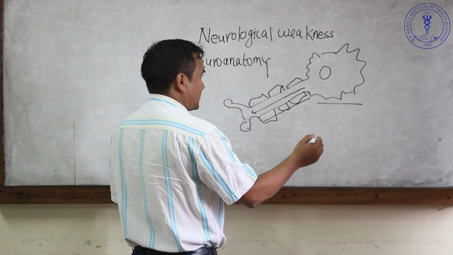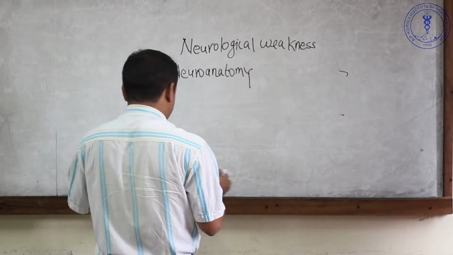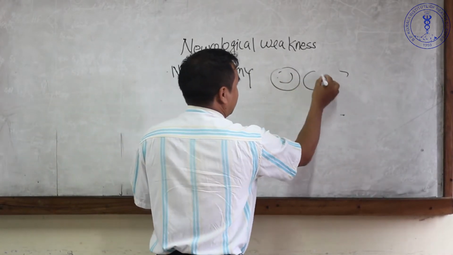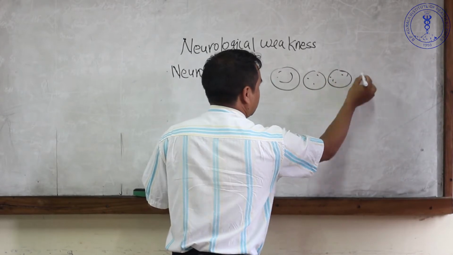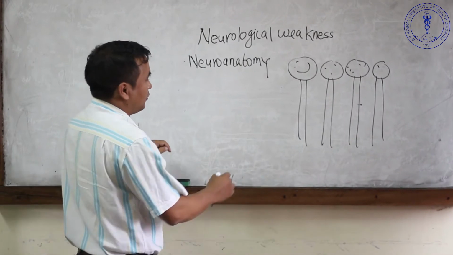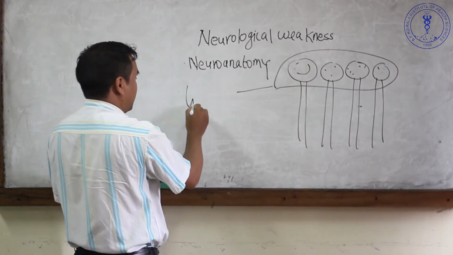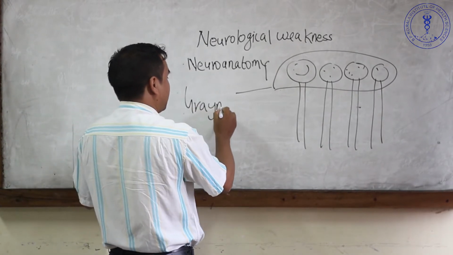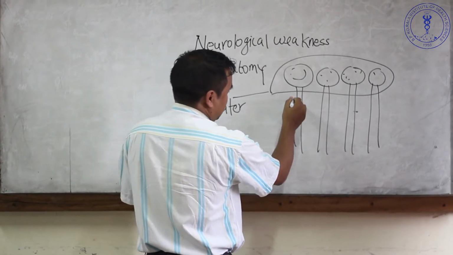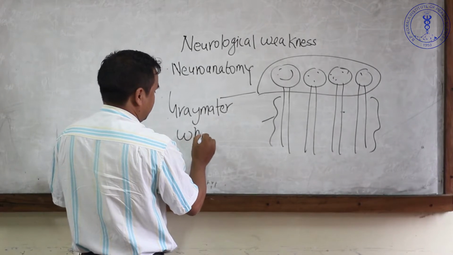So when there is a collection of these cell bodies, it forms the gray matter. And when there is a collection of these axons, it forms the white matter.